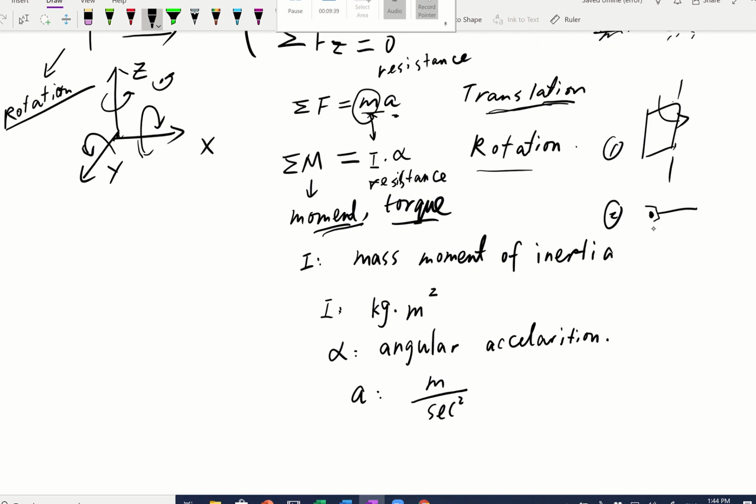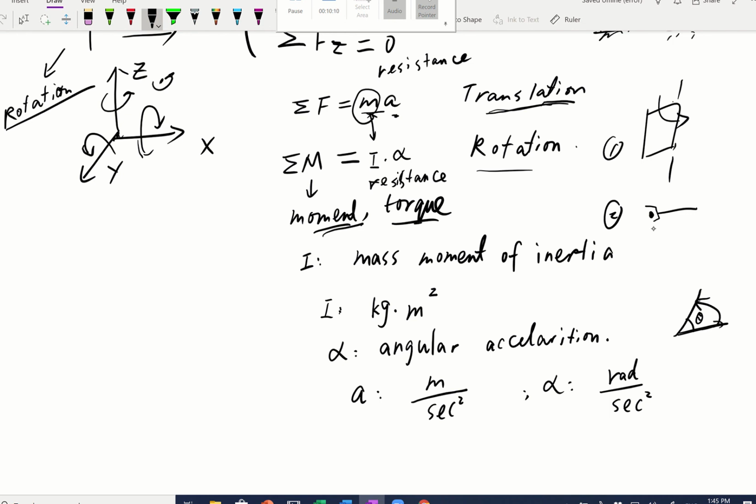So what is going to be angular acceleration? What is going to be alpha? It's telling us that when you're talking about angular, it's basically moving from here to here. You are talking about the angle, and so that's going to be radians. The angle is divided by seconds square, right?